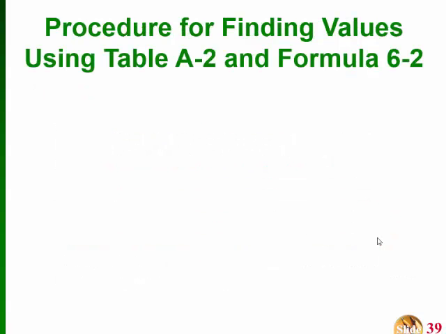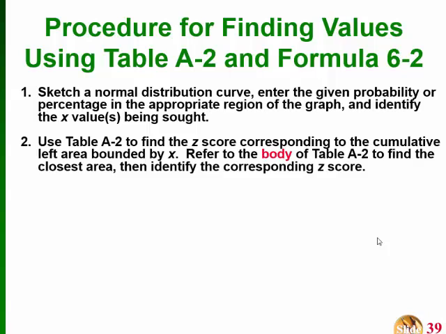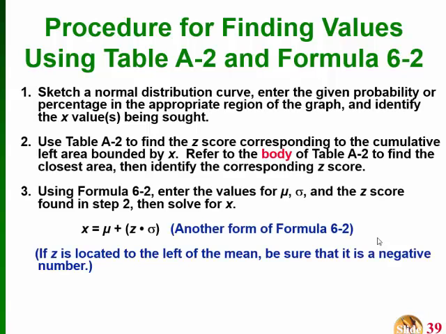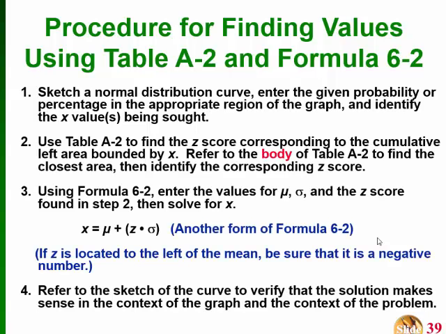Okay, let's try to see if we can find our z-values or our x-values if we're given a particular probability. So this is what they have for the step-by-step process.